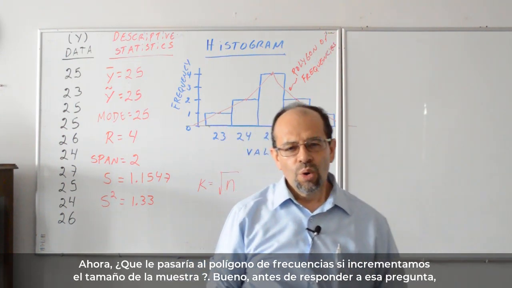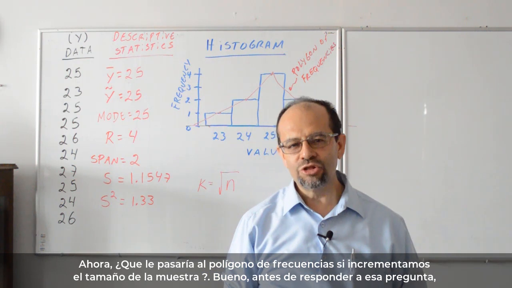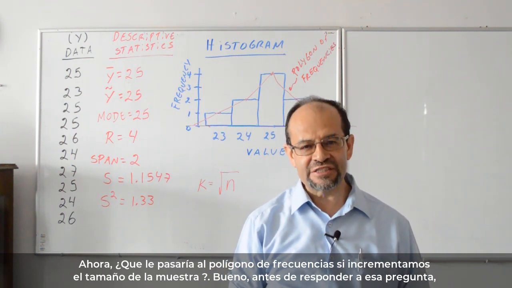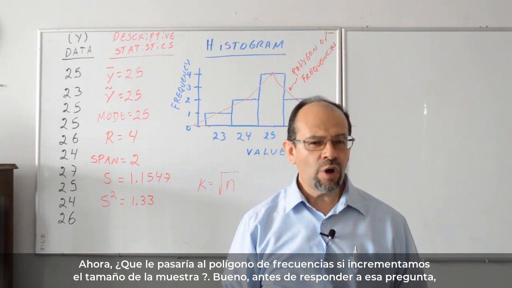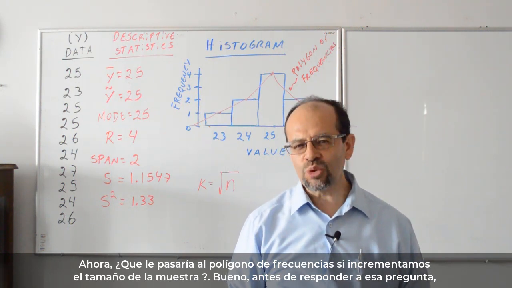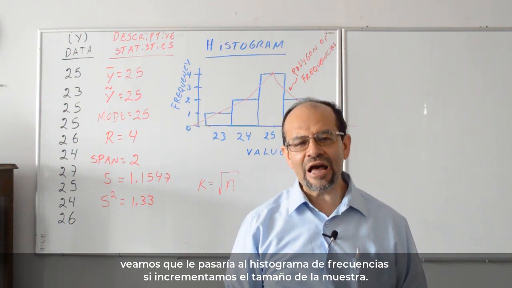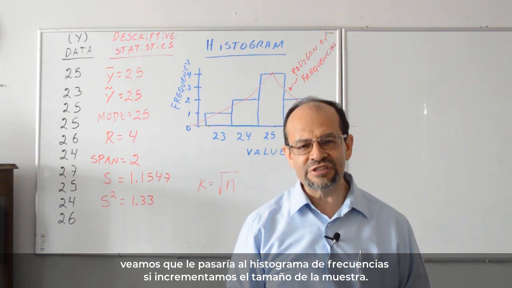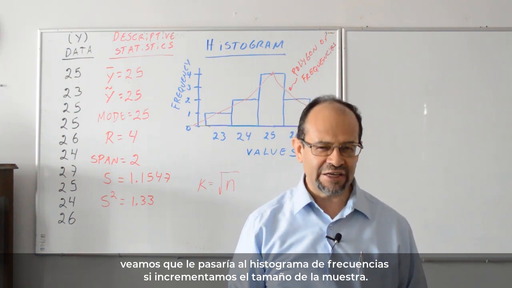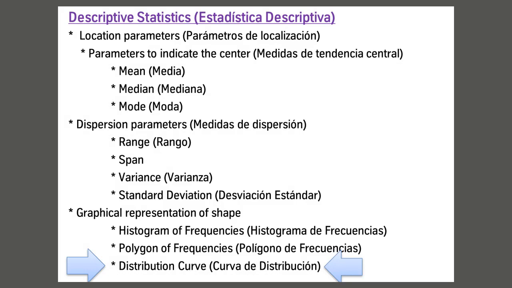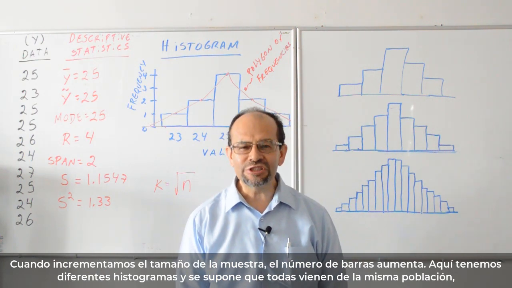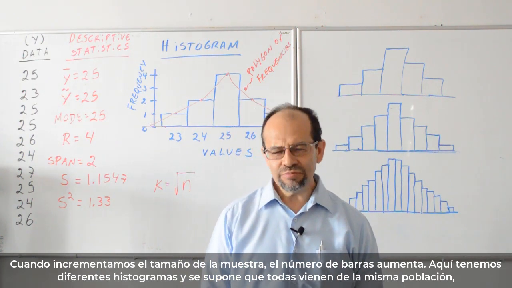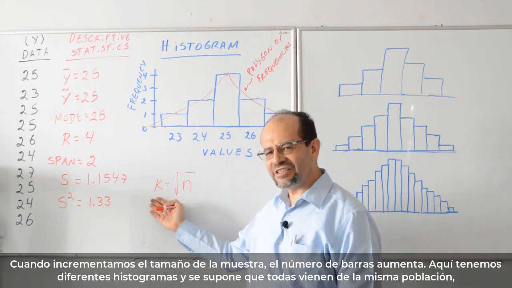Now, what will happen to the polygon of frequencies if we increase the sample size? Well, before answering that question, let's see what will happen to the histogram of frequencies if we increase the sample size. When we are increasing the sample size, well, the number of bars increases.